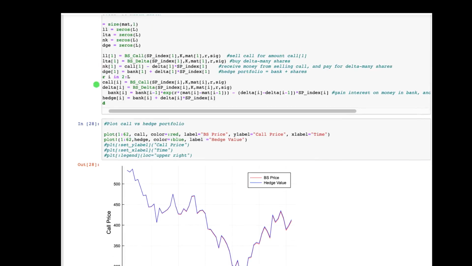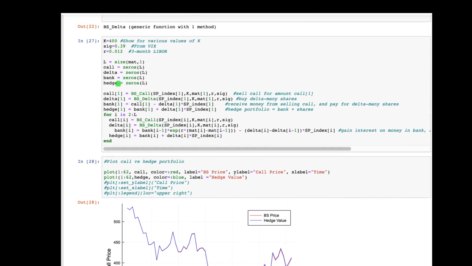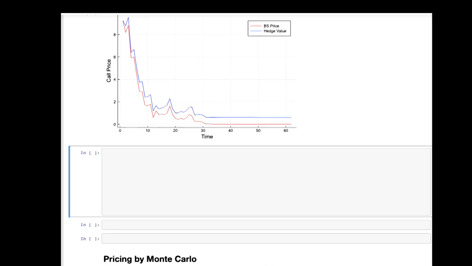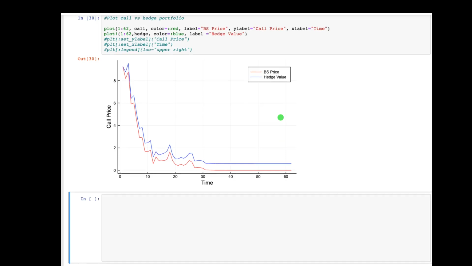And if it expires much more out of the money, it turns out that our hedge portfolio is slightly positive, whereas the option is worthless, as you can see. One of the exercises will explain why the Black-Scholes model seems so unrealistically effective at hedging.